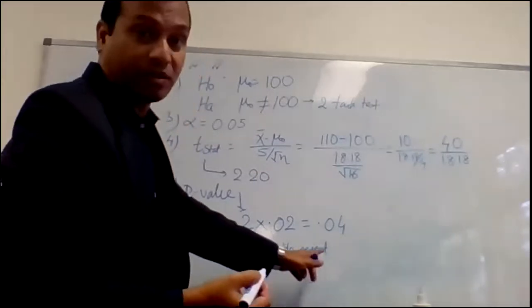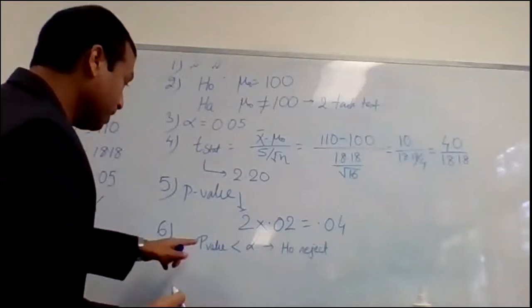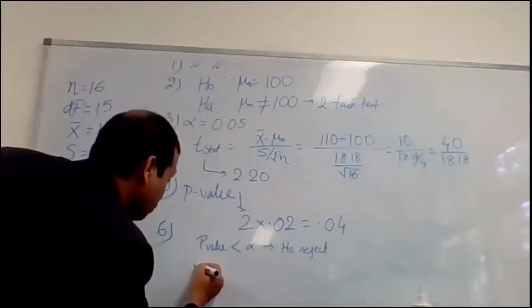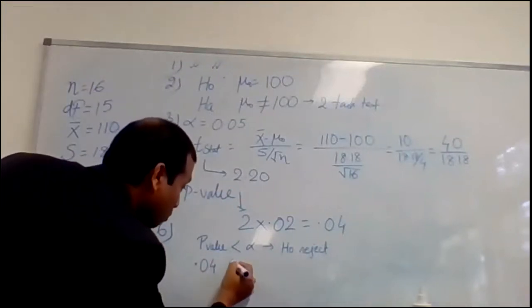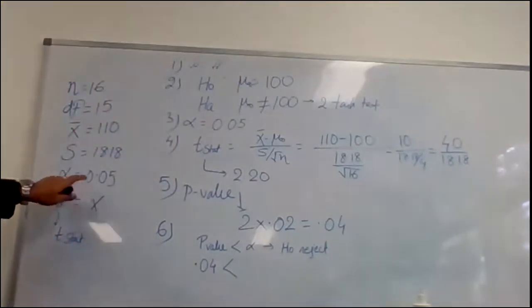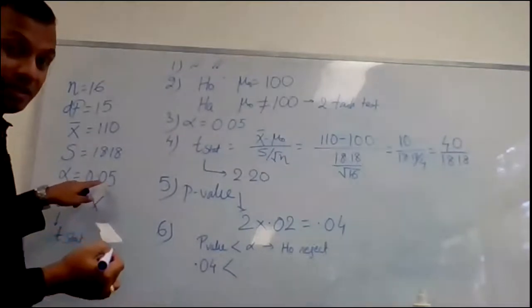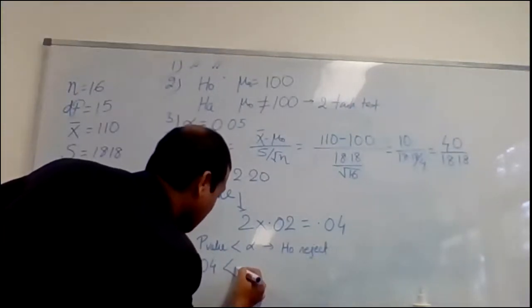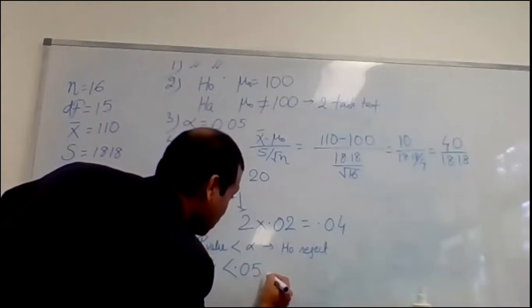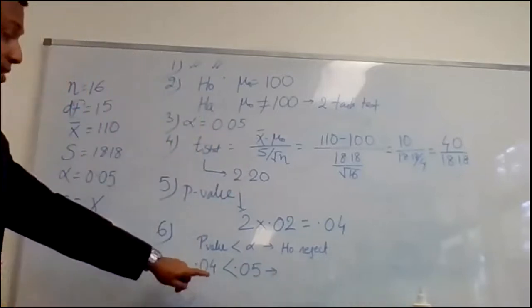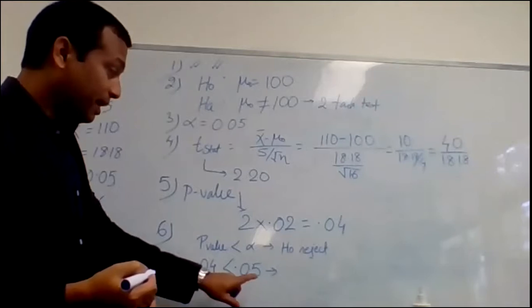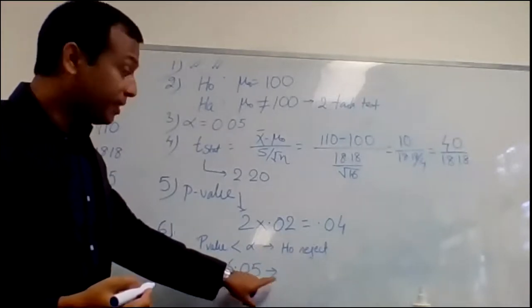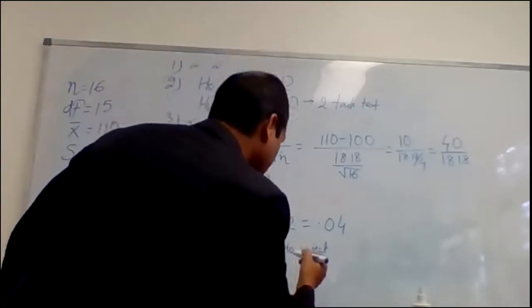So what is the p-value? We got 0.04. What is the alpha value? Remember here, alpha is 0.05, the 5% level. So clearly 0.04 is less than 0.05.